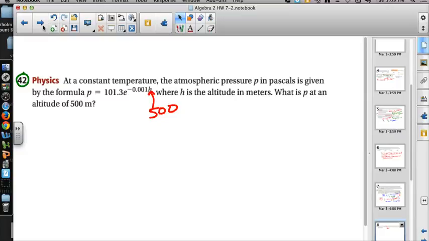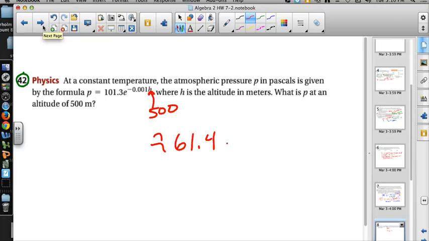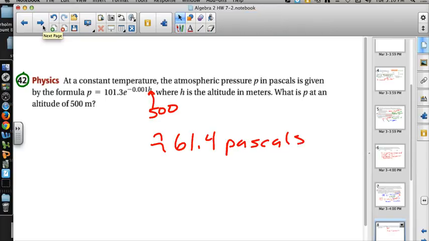And we get 61.44155583. And did they say what they wanted this in? Well, then we'll go to tenths in pascals, so 61.4 pascals. And there it is.